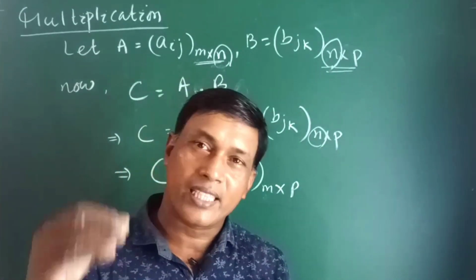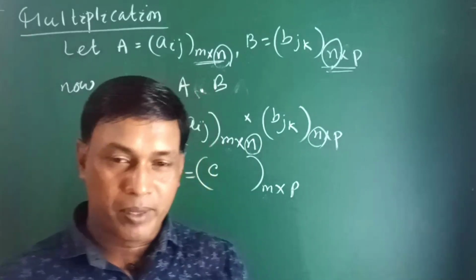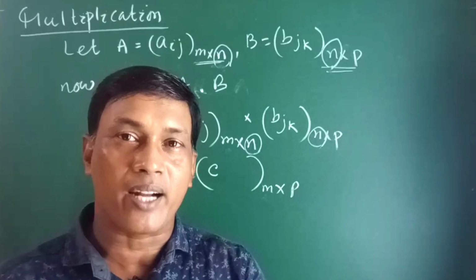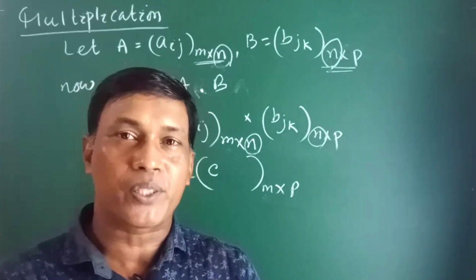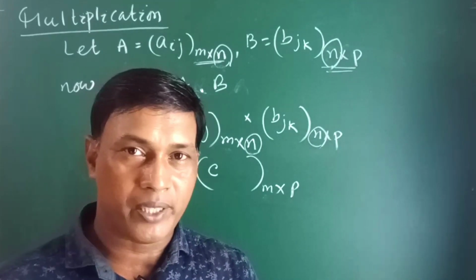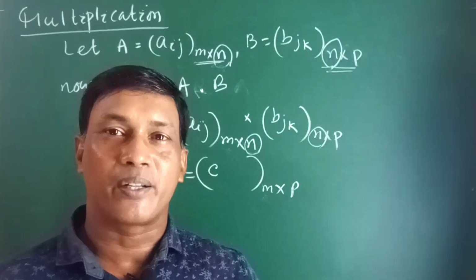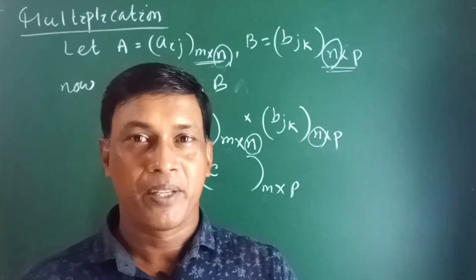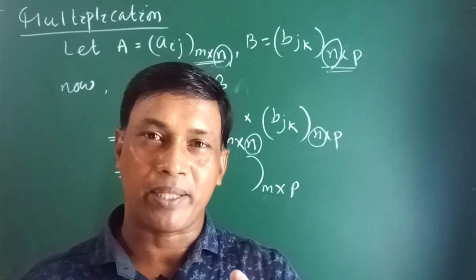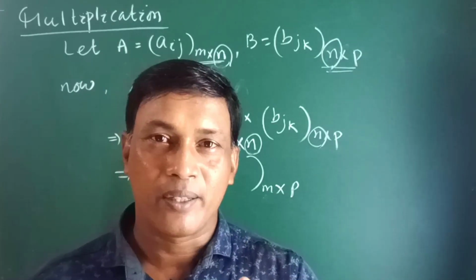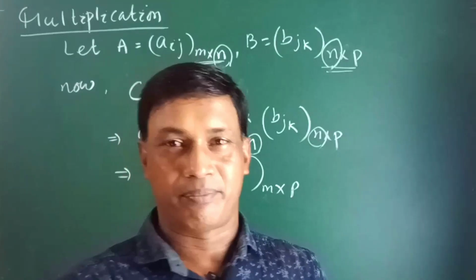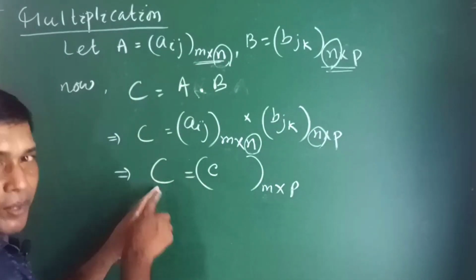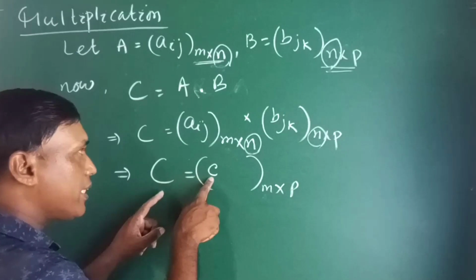बट इन केस ऑफ एडिशन सब्ट्रैक्शन हम जब ऐड कर रहे थे या सब्ट्रैक्ट कर रहे थे, करस्पॉन्डिंग एलिमेंट को ऐड कर रहे थे, करस्पॉन्डिंग एलिमेंट को सब्ट्रैक्ट कर रहे थे. बट इन केस ऑफ प्रोडक्ट फर्स्ट मैट्रिक्स का रो को हम मल्टीप्लाई करेंगे सेकेंड मैट्रिक्स के कॉलम के साथ. याद रहा, फर्स्ट मैट्रिक्स का रो और सेकेंड मैट्रिक्स का कॉलम. So C is the product matrix, and the element is c.